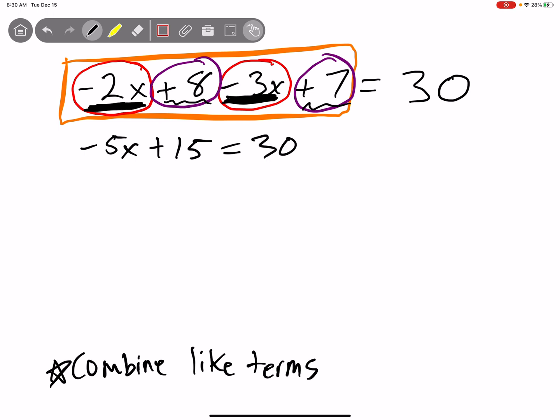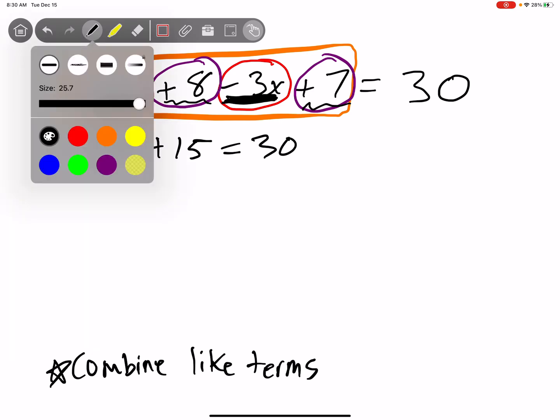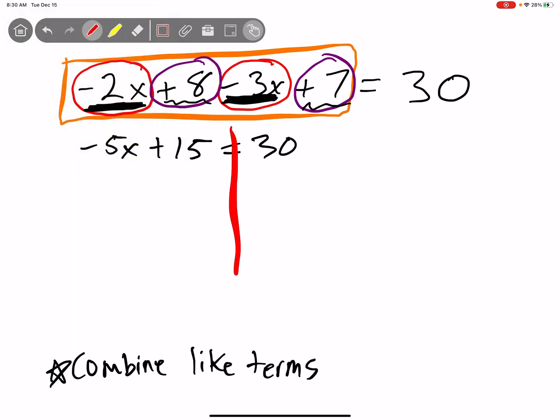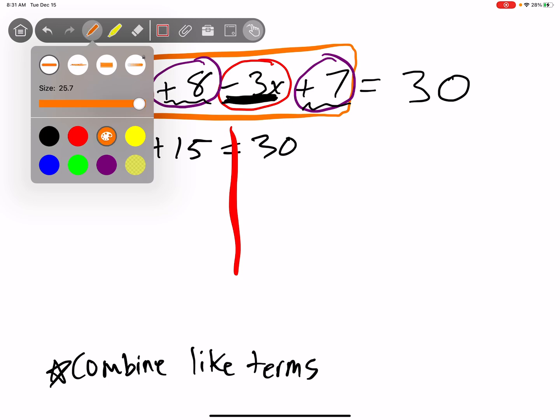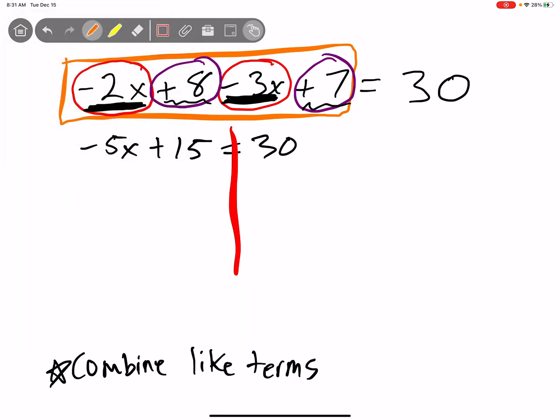30. Guess what? You have another two-step equation now. Bring down my imaginary mirror. Remember, you start with any addition or subtraction first. Since it says plus 15, I'm going to do minus 15 because that's the inverse. These cancel out.